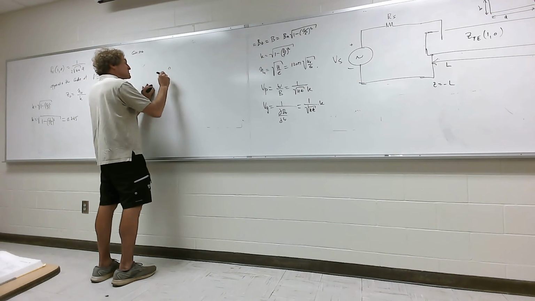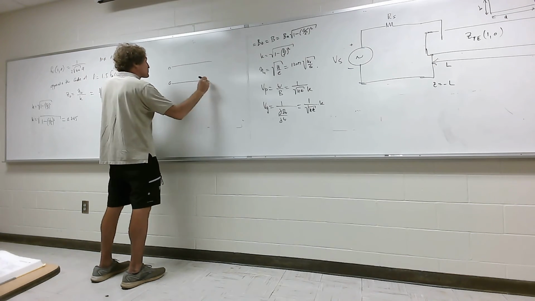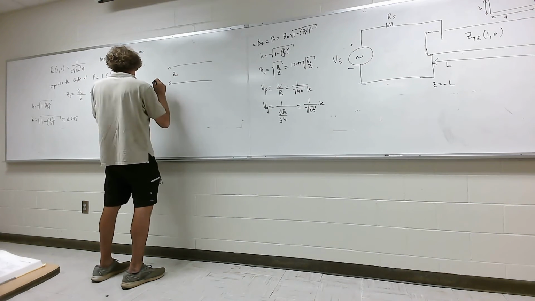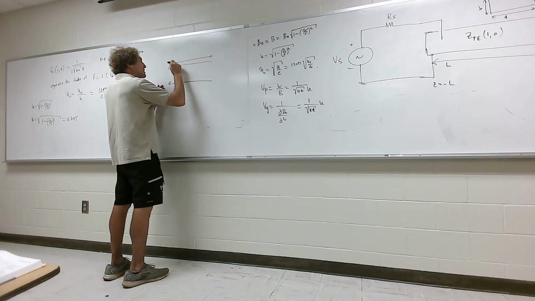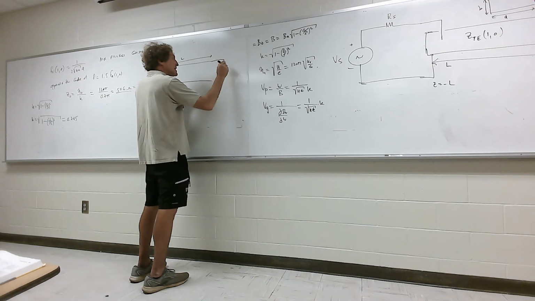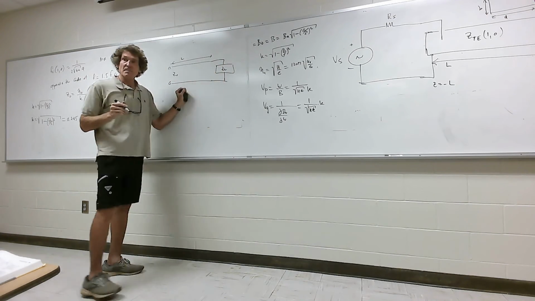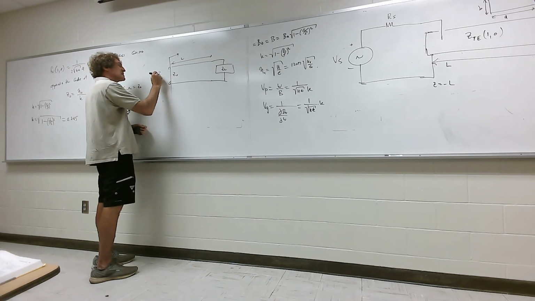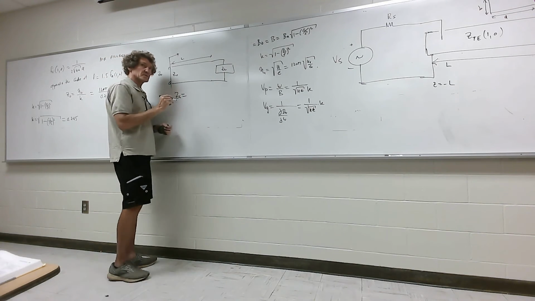Now I'm going to look just at the waveguide, but I'm going to make it an analogy to a transmission line. We're going to have a transmission line of sorts with a characteristic impedance Z naught equal to this. We've got a length L, and a ZL that I haven't defined yet, so I'm just going to leave it as ZL for now. What we have to do is get the input impedance, Z in, to this waveguide.